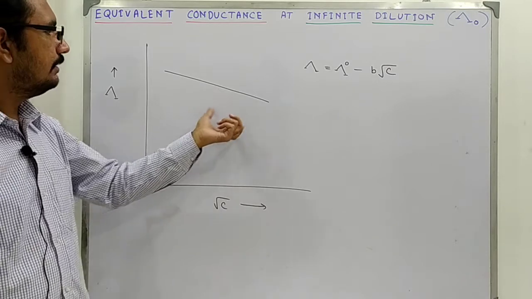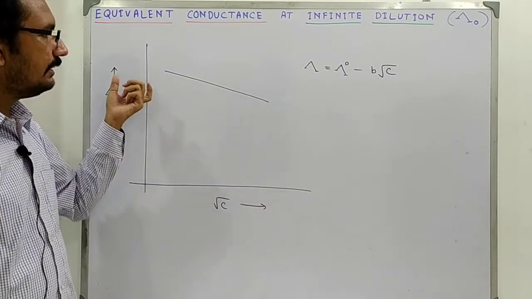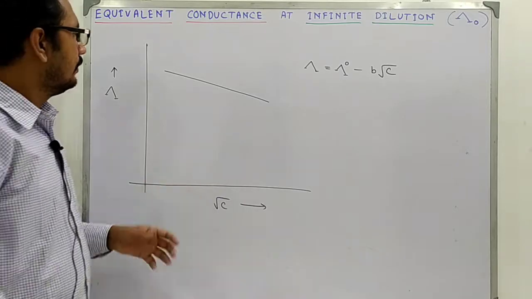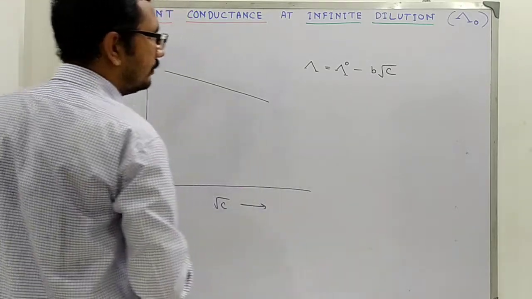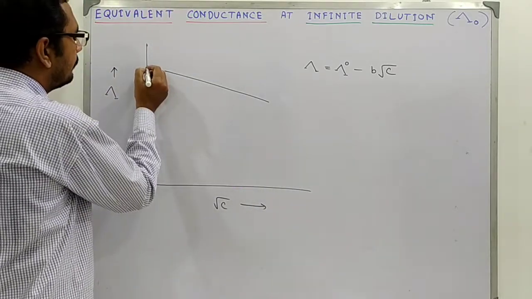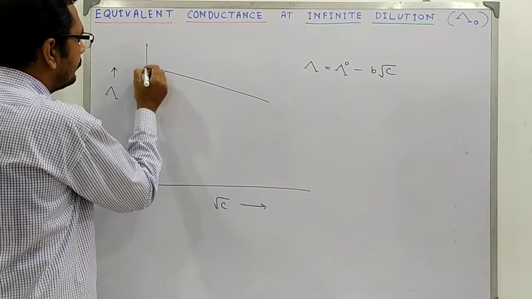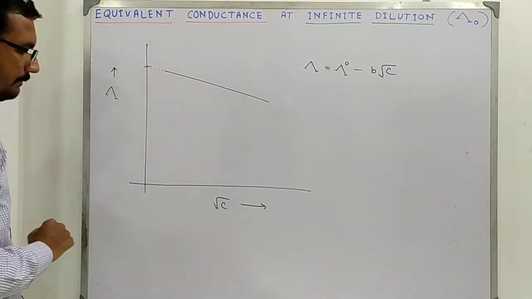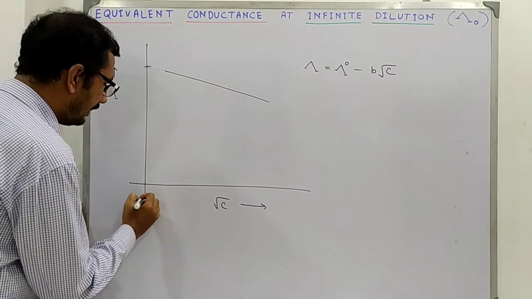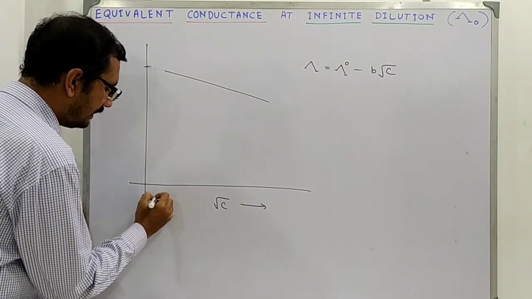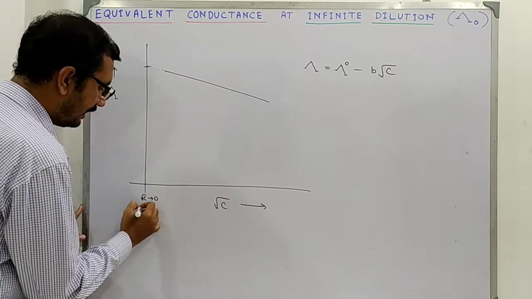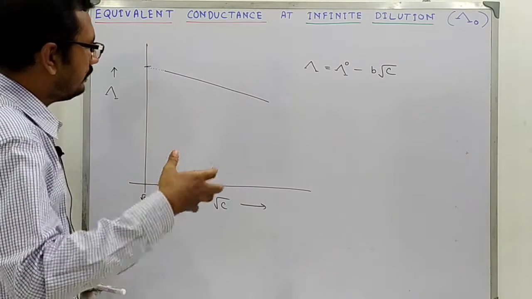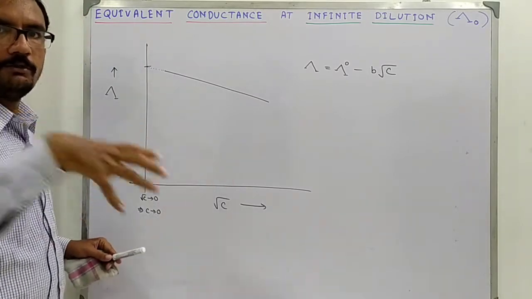So, it is increasing linearly and by a small amount. So, what is this lambda 0? You cannot reach this state, since this implies that root C tends to 0 implies C tends to 0. So, C tends to 0 means you have to put huge amount of water.